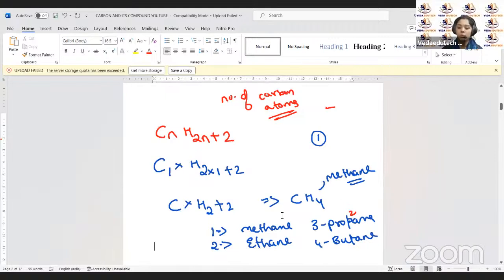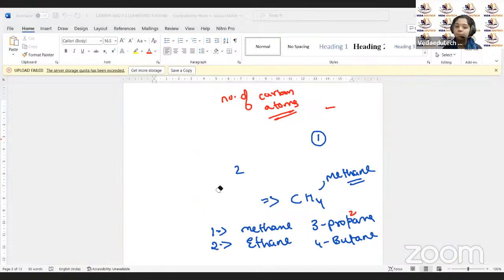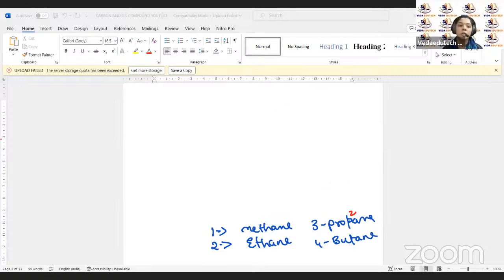So how are we going to calculate for the remaining ones? Same, we just apply the formula CnH2n+2. Now I want to calculate for propane. Propane has 3 carbon atoms.